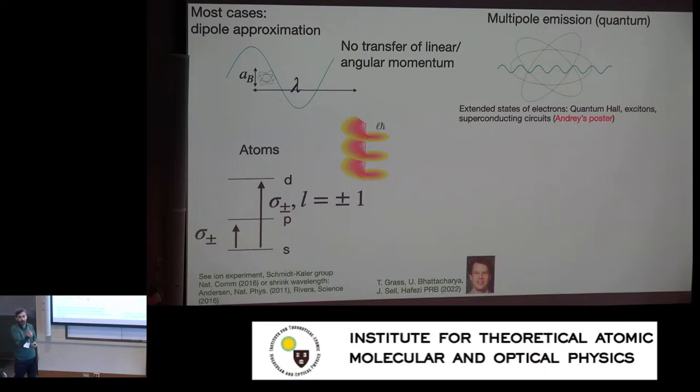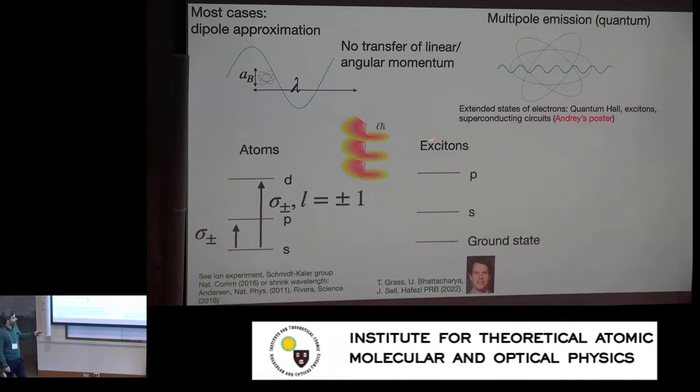They had an ion, and they did a direct transition from S to D by shining a light that not only has a sigma plus, sigma minus polarization, but also an optical vortex. So each photon that is absorbed gives two h bar. One comes from the polarization, the other from the orbital angular momentum.